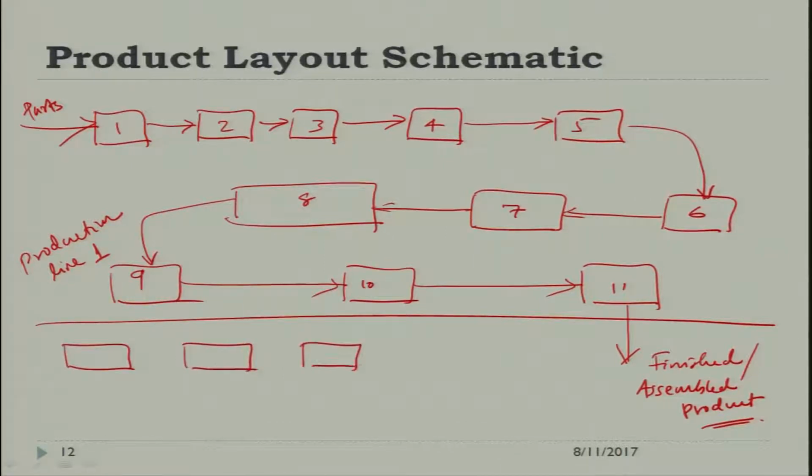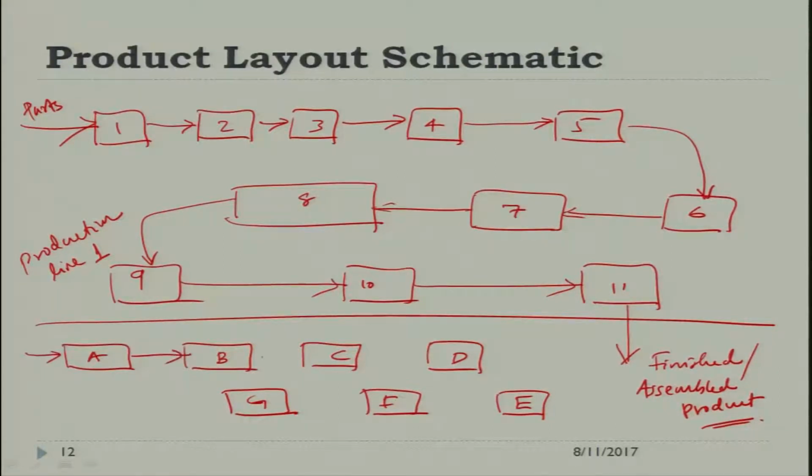Let us say you want to make a smaller, different version of the product, then you require something like this: machine A, B, C, D, E, F, G. Again the flow is linear; the parts come in, they go through the machines in a linear fashion, and then you get the finished product. So, this will be production line 2.